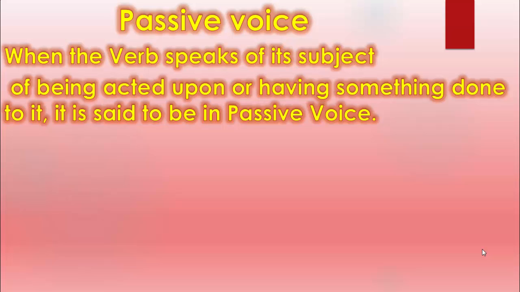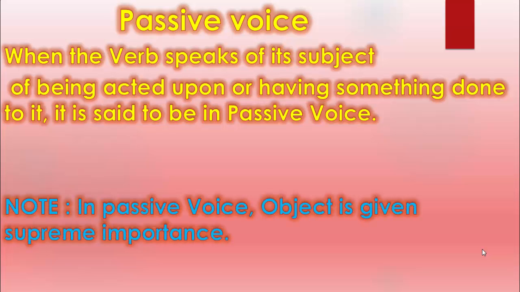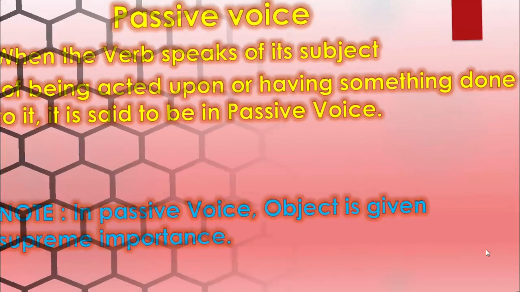Means a sentence is in passive voice when the subject is being acted on by the verb and the subject typically comes after the action. So please note that in passive voice, object is given supreme importance.